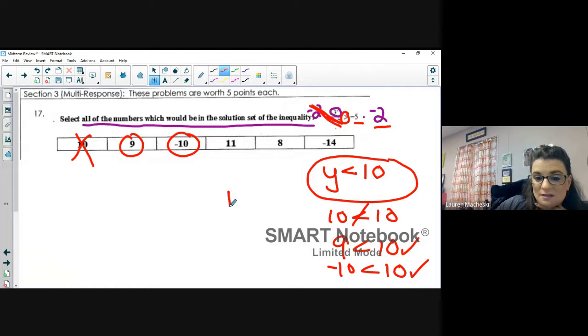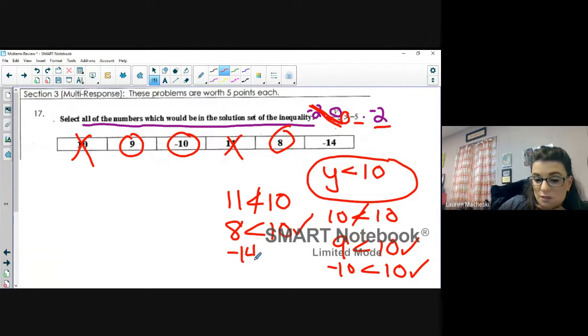What about 11? Is 11 less than 10? Nope, not going to work. What about 8? Is 8 less than 10? Yep. What about -14? Is -14 less than 10? It is. So those 4 options would satisfy my inequality.